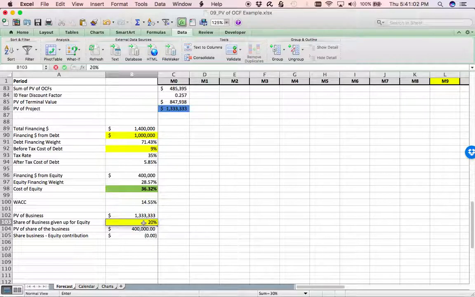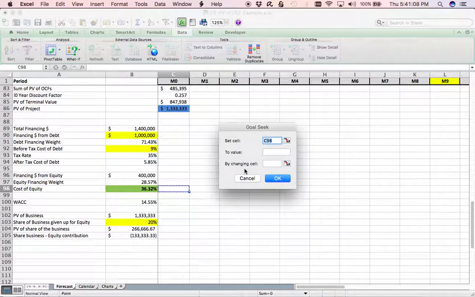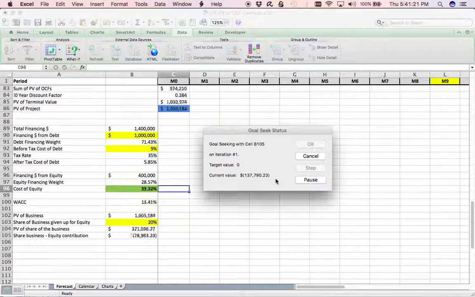So what I can do instead is just start moving down this share. Let's make the share 20% and redo our what-if analysis, our goal seek analysis. So now again, we're going to set this difference to be equal to 0 by changing the cost of equity cell.